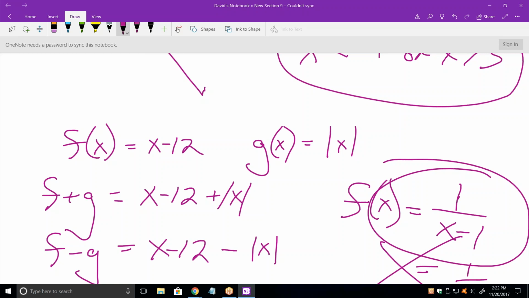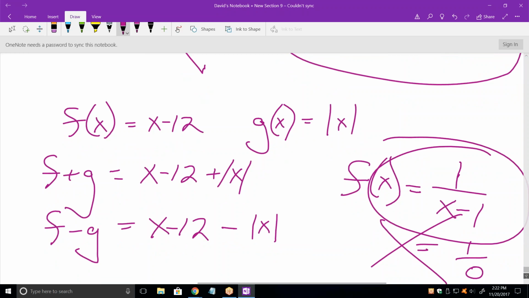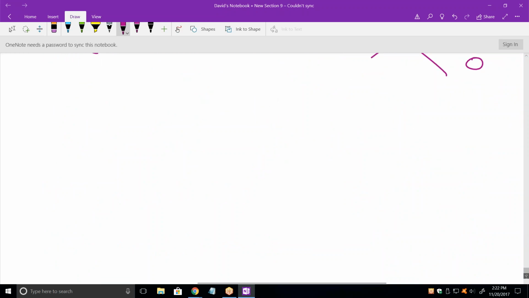But sometimes they can be restricted, and when you do f of g, you sometimes have to carry those restrictions forward, even though it's not obvious that they should be. So there's a legitimate question about domains and composite functions, but that sure didn't illustrate it.